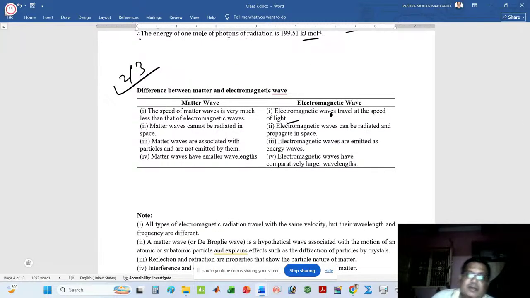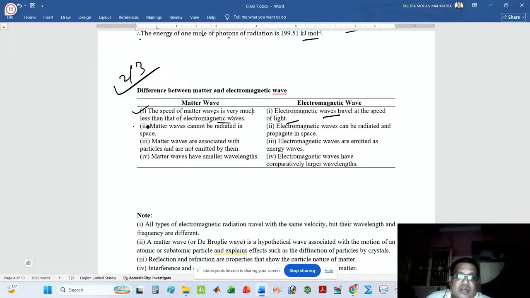The speed of light is equal to the speed of the electromagnetic wave. But the speed of matter wave is very much less than that of the electromagnetic wave. This is the first point.